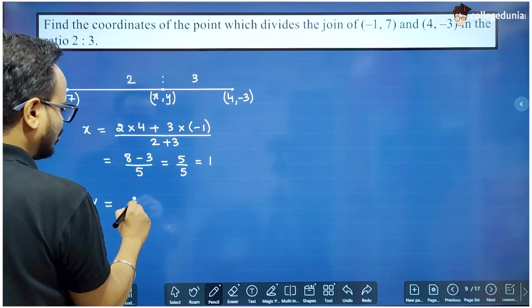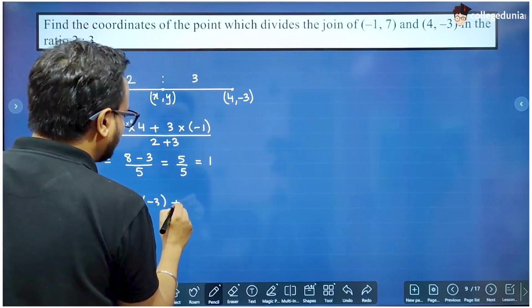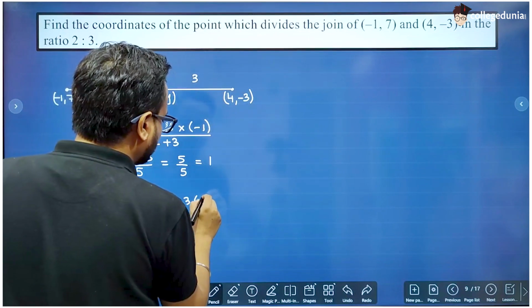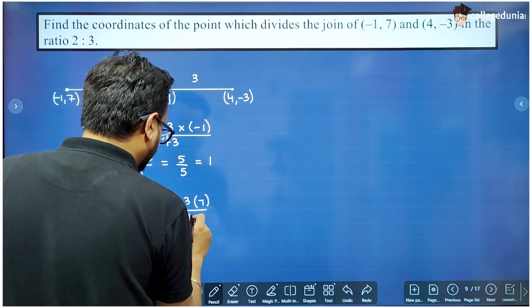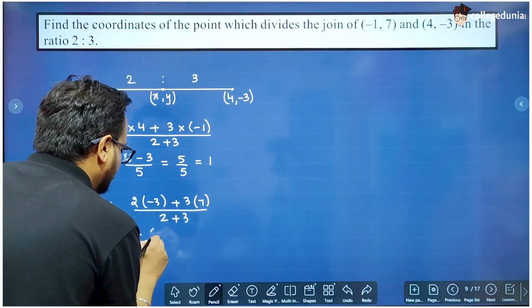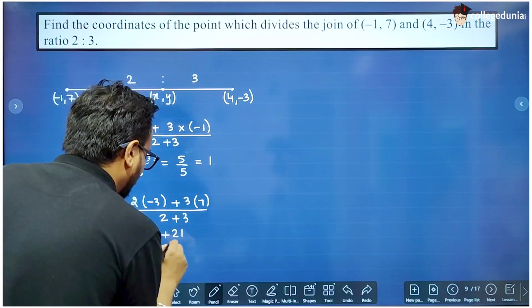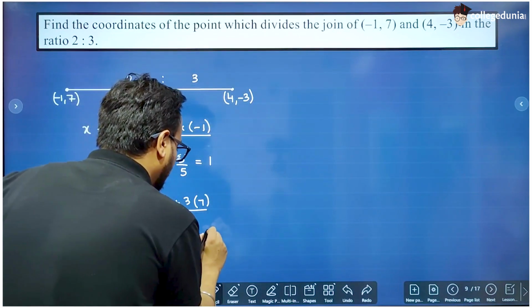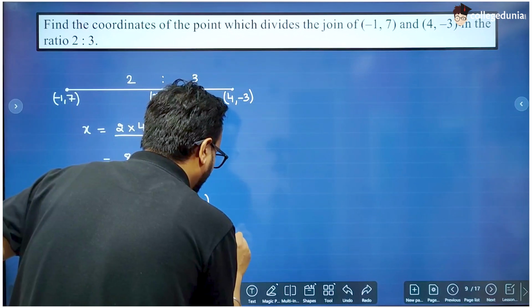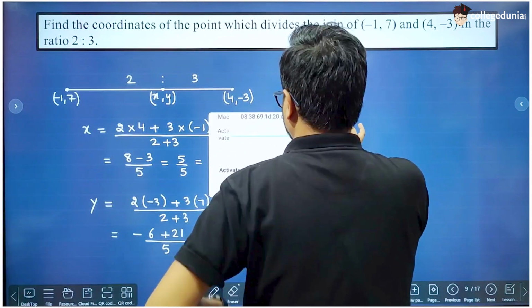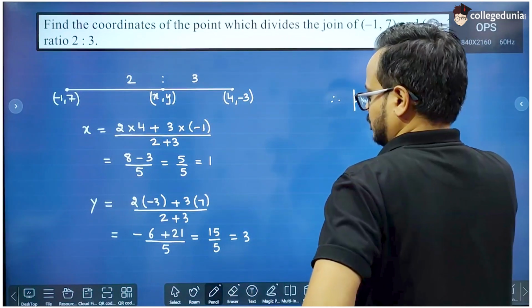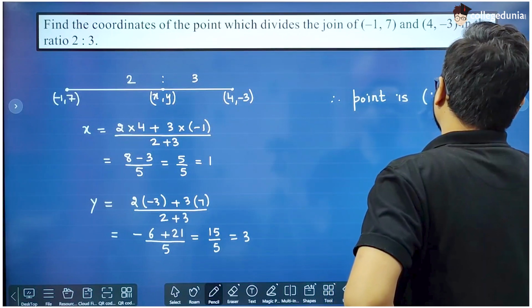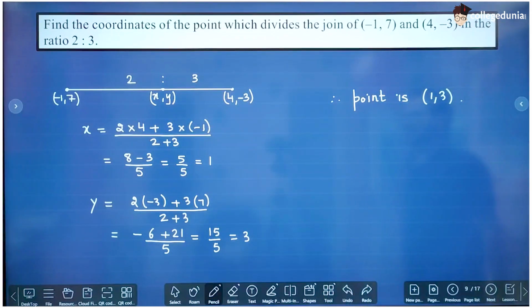Y is 2 into minus 3 plus 3 into 7 by 2 plus 3, minus 6 plus 21 by 5, 15 by 5, that is 3. Therefore, the point is (1, 3), right?